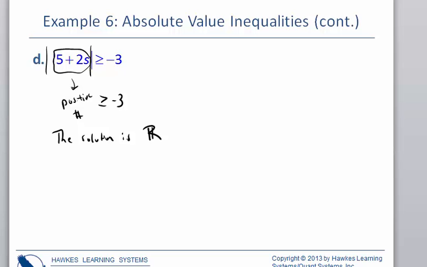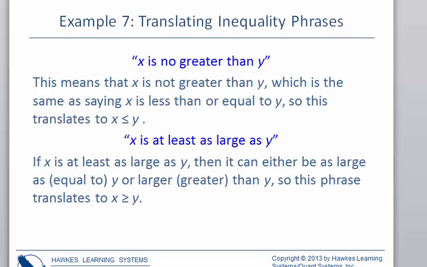Okay, so the last thing that we're going to talk about is some particular wording that we'll see in some of these problems and how we translate that into mathematical expressions. So we're just going to look at these for just a second. One thing that we'll see quite a bit of is this phrasing here, x is no greater than y.